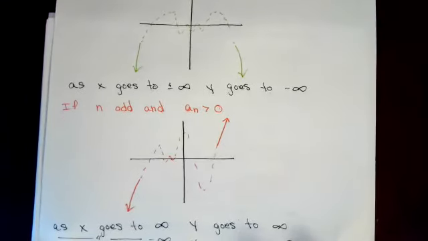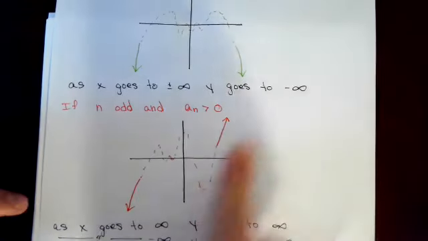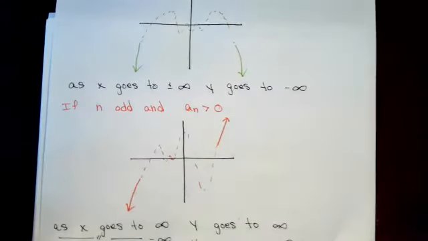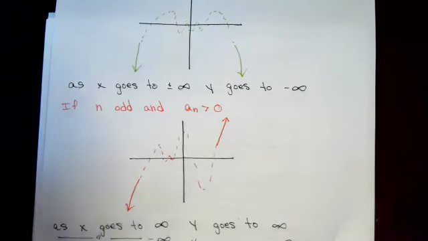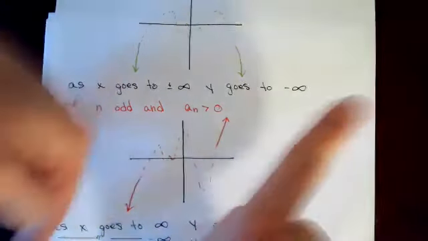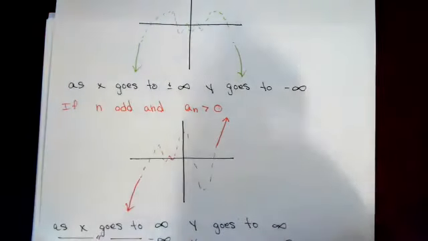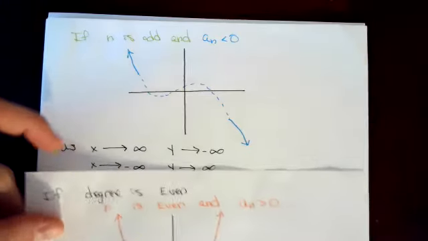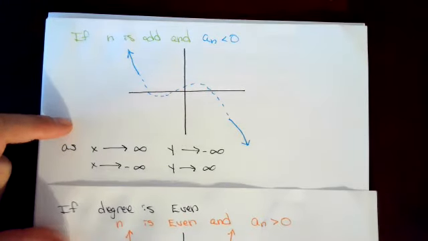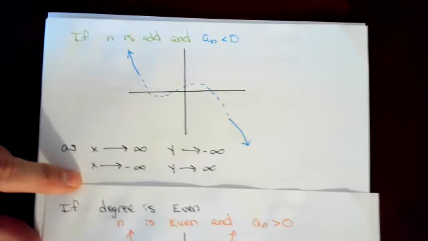And then odd, it always switches. Odd's opposite. So one end goes to positive infinity, one end goes to negative infinity. And you just kind of have to remember when it's odd and the leading coefficient's positive, right side's going up, left side's going down. And then the last one here, it's odd and negative, left side's going up, right side's going down.